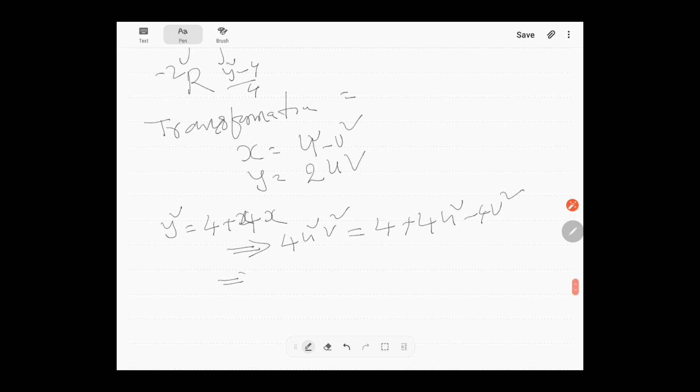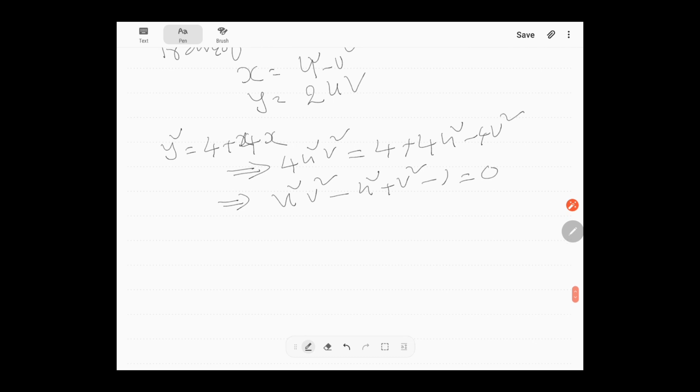Cancel the 4 and bring everything on one side: u square v square minus u square plus v square minus 1 is equal to 0.